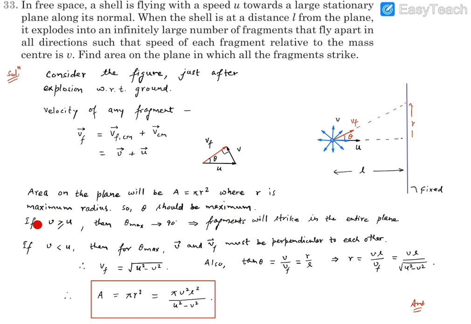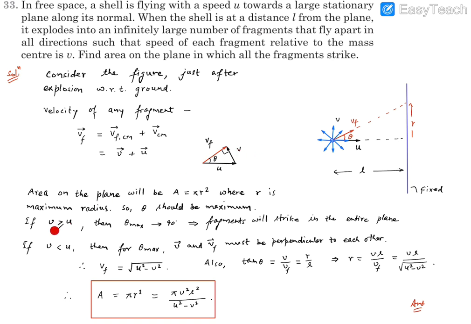Yes. Now it will depend on which magnitude is more, u or v. So if v is greater than or equal to u, then let's consider the triangular law of vector addition. This is u, which is fixed, and this is vf, which we are going to get. This is theta, and this is v. V can take any of the orientations feasible, right?